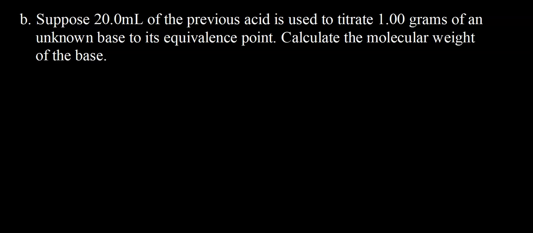Calculate the molecular weight, or molar mass, of the base. Now, which form of the equation are we going to use? MAVA equals MBVB, or moles of acid equals MBVB, or MAVA equals moles of base? Figure that out, set it up, see what you get. Go ahead and pause and do that now.